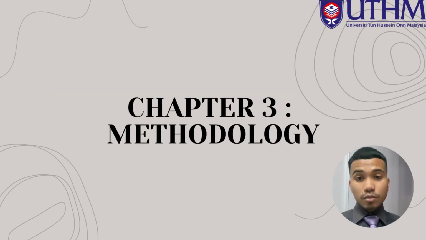So we're going to jump straight into my Chapter 3, which is the methodology for my research. I will tell you about the parameters used, the Taguchi method in DOE, and then the machine selection, material selection, and also the data analysis collection procedure.